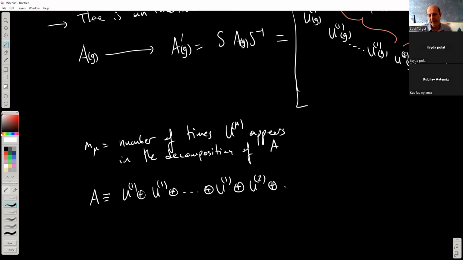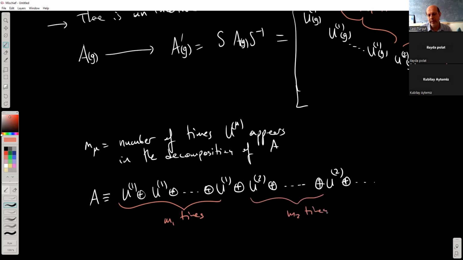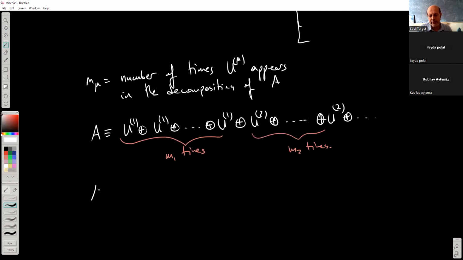So M1 times U1 appears in here, M2 times U2 appears, etc. There's a very nice shorthand notation that we are going to use: if it appears M1 times, I'm going to write this expression as M1 times U1.